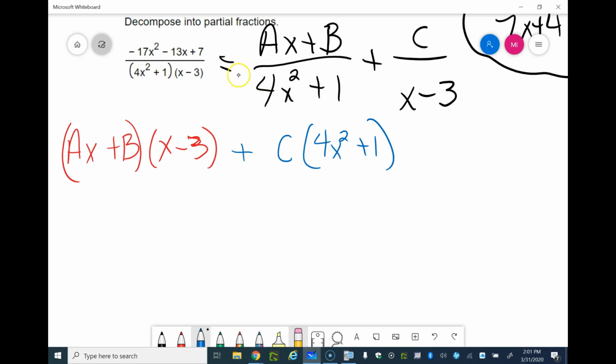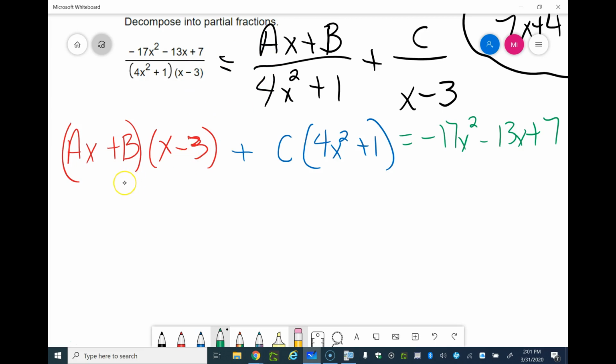Now that we already know the bottoms match up, all this part here is actually going to be equal to the numerator up top here, negative 17x squared minus 13x plus 7. So like I said, the denominators go away once we figure out what's missing, and now we're just dealing with the top part, the numerators set equal to each other.